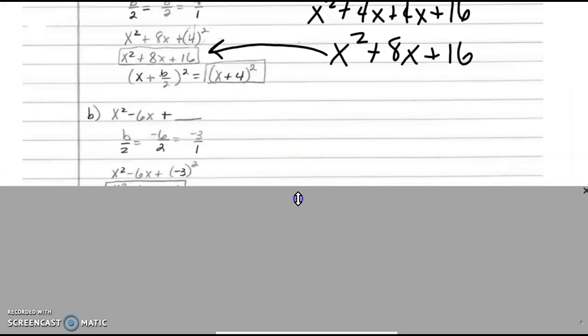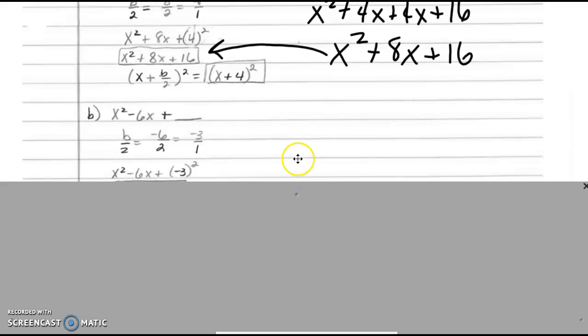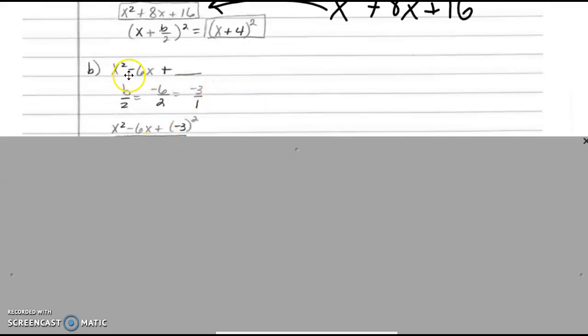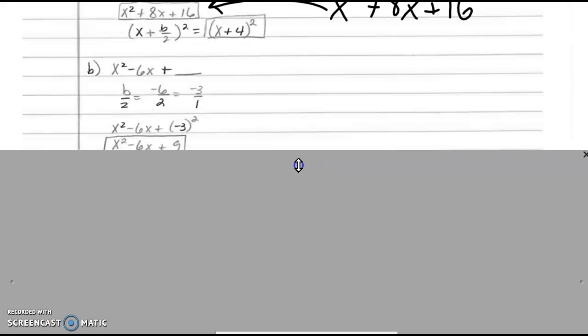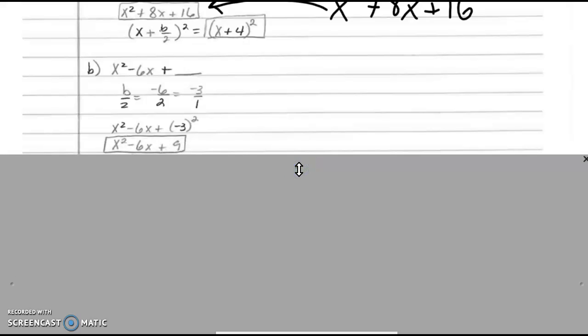Now we have to square that and add that to our existing polynomial. So we're going to take a negative 3 and square it, which is going to give us a positive 9. So our first answer, our perfectly squared trinomial, is x squared minus 6x plus 9.